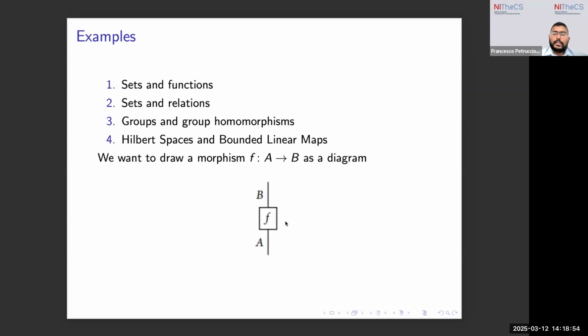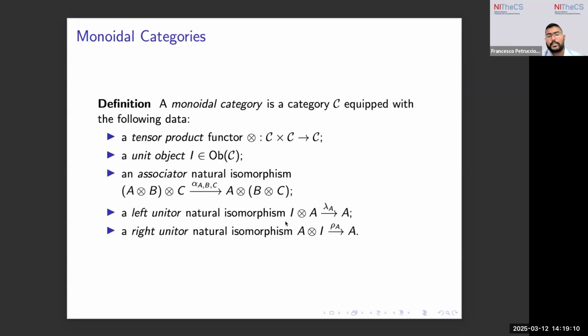And hence, in a category, before we can talk about string diagrams, we need some notion of tensor product. So this is what we call a monoidal category. So we have data here. It's essentially a functor, a map from the category crossed with itself to the category, such that it satisfies these properties.